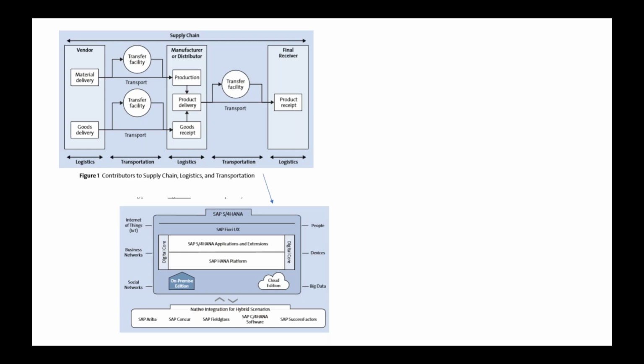Okay. So that's why you see the native integration of hybrid, Ariba, Concur, Fieldglass, SAP SuccessFactors, then you have the big data, device, people, all these things tightly integrated with the SAP S4 HANA digital core. This is called the S4 HANA digital core.